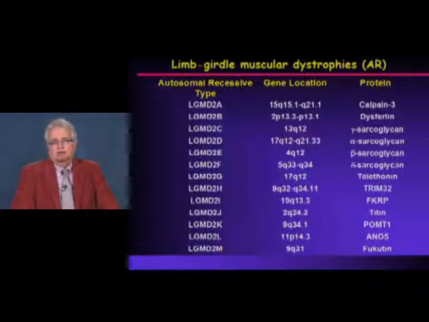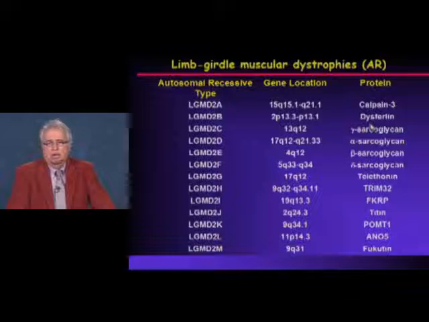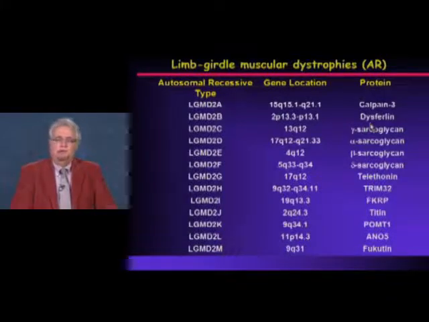Dysferlin deficiency is interesting because these patients not only develop LGMD2B, but they can also develop a distal myopathy known as Miyoshi myopathy with atrophy of the gastrocnemius muscles. We also have the sarcoglycanopathies and many other types of autosomal recessive LGMDs.